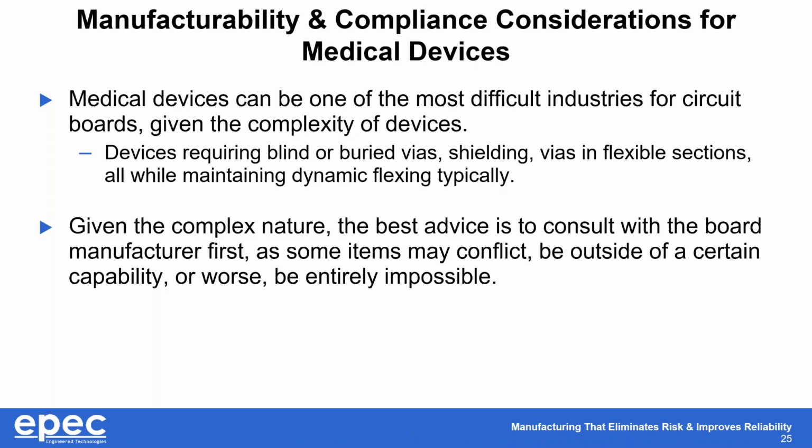Things can tend to hit against each other and at worst create impossible scenarios, but at best an incredibly difficult scenario, and that's kind of where we excel, is trying to give advice on those and hopefully turn impossible designs possible.